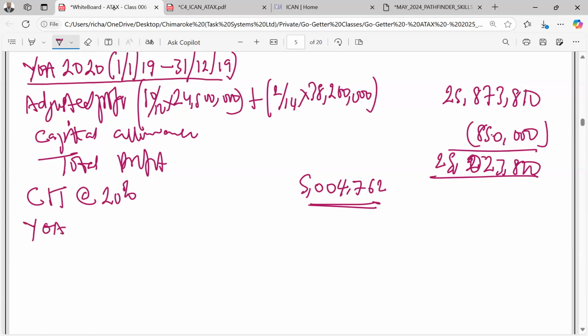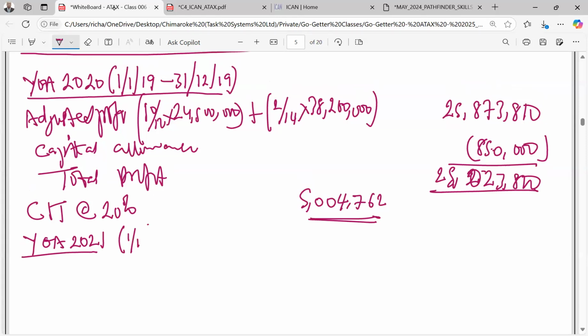year of assessment 2021. And that's going to be January 1, 2020 to 31st December 2020.